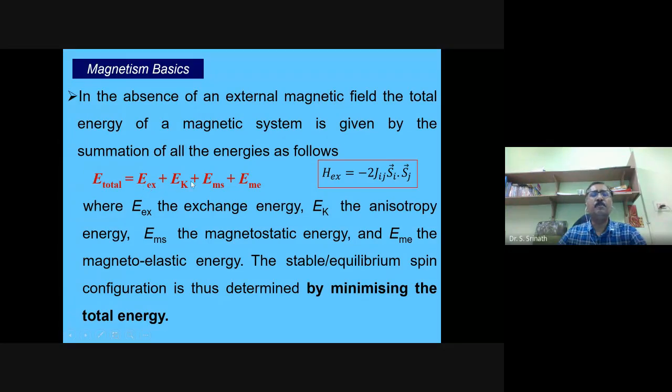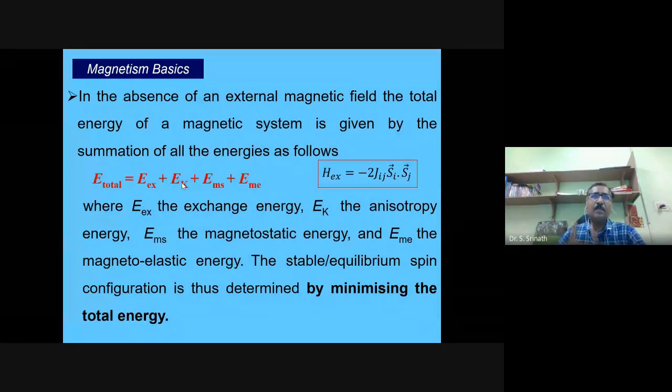So if you add these two terms, what it tells is that there are certain directions. Let us say cobalt. For example, in cobalt we have seen that the c-axis is the easy axis of magnetization. That is, the energy will be minimum if the spins are parallel to the c-axis.